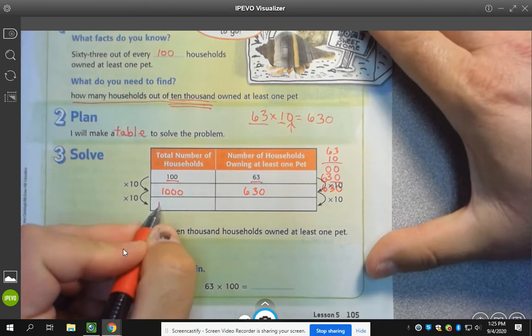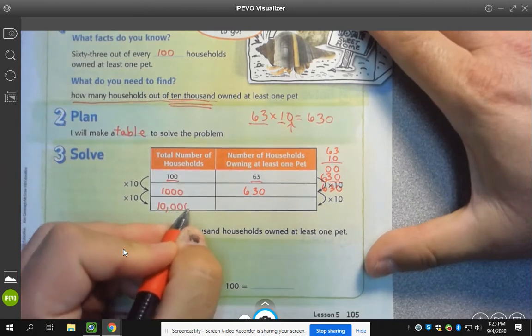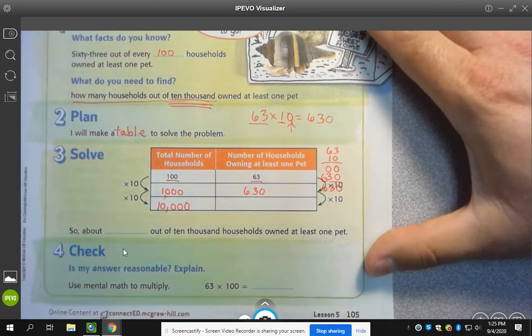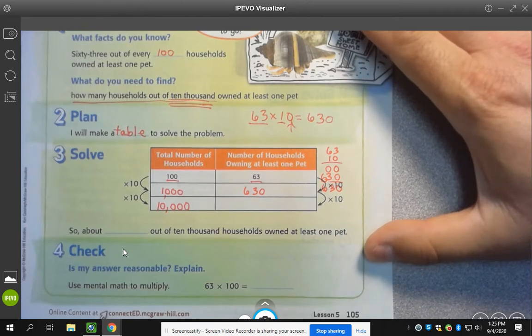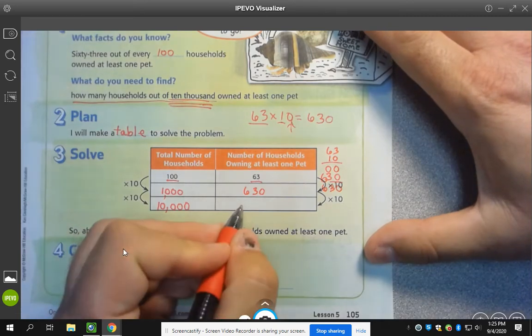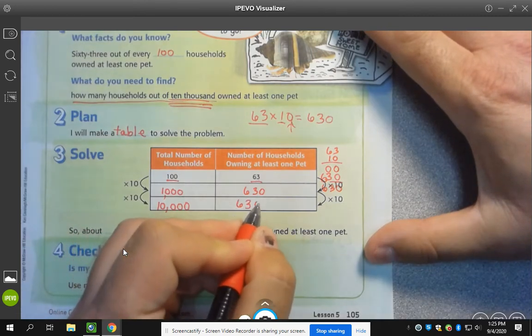So let's say that 10,000 now. You know how many households out of 10,000 it is. So what are you going to do now? What do you think, Colton? 6,300.